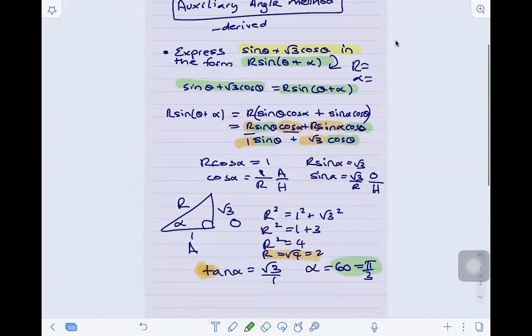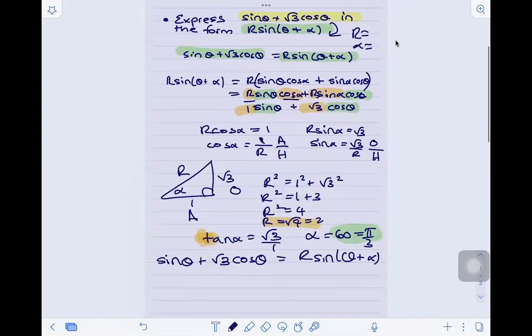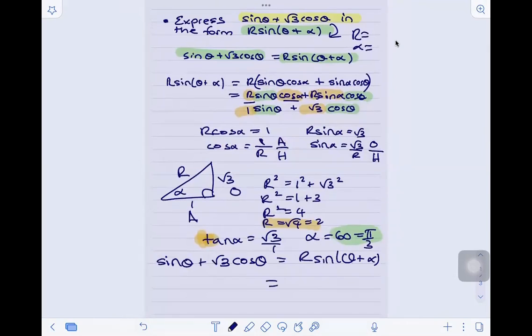So that means that if I expressed sine theta plus root 3 cos theta in the form of r sine theta plus alpha, then r would be equal to 2, that's this 2, sine theta plus alpha, which is equal to pi on 3.